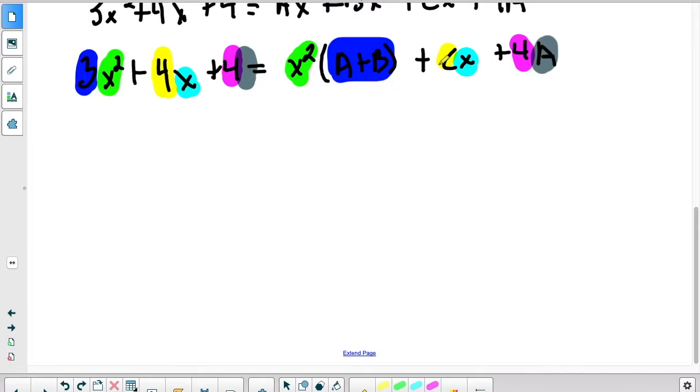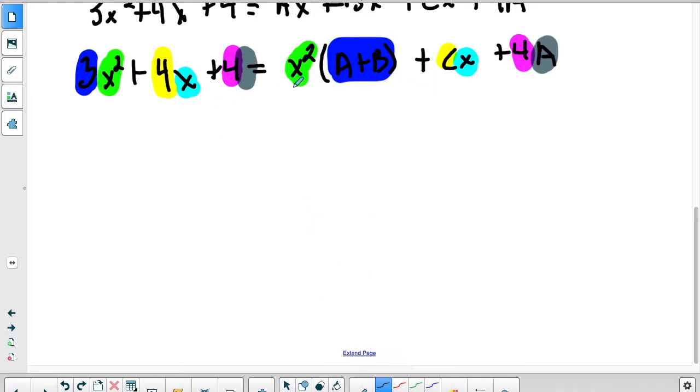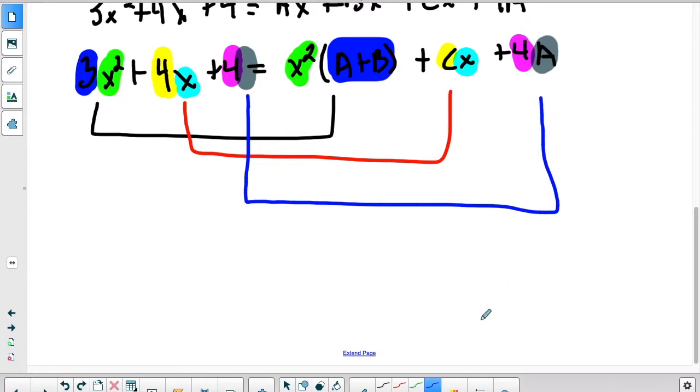Our x squared, x squared. These sides, like I said before, are equal to each other. We used the plugging in of different numbers to get 0 to help us work through what is matching up, but here it would be a little bit harder to do that. So what we're doing is regrouping it to connect these two together, and these two together, and then these two.